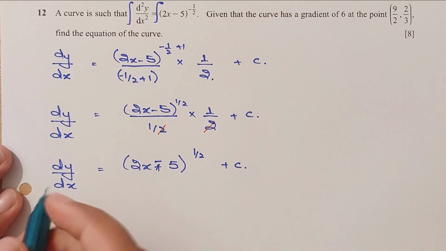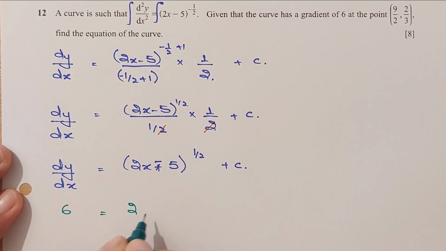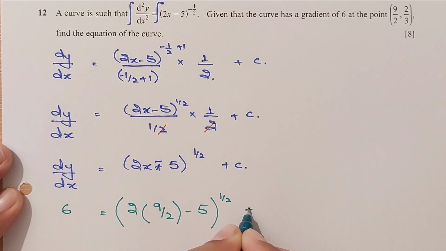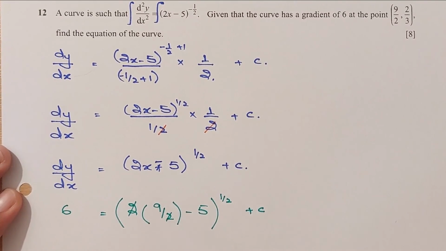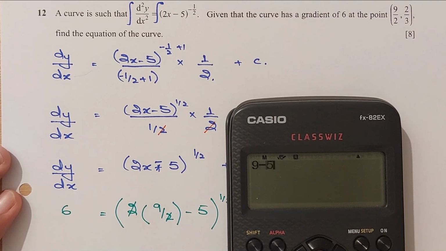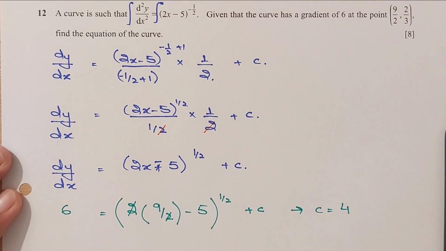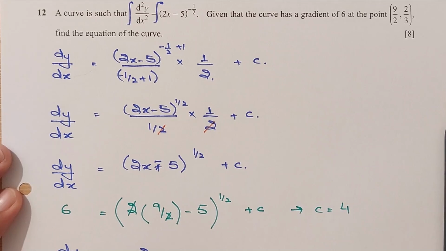The gradient is 6 at x is 9/2: 2 times 9/2 minus 5, to the power 1/2, plus c. 2 is cancelled with 2. 9 minus 5 is 4, and square root of 4 is 2, and 6 minus 2 is 4. So the c value is 4. So from here dy over dx equals (2x minus 5) to the power 1/2 plus 4.